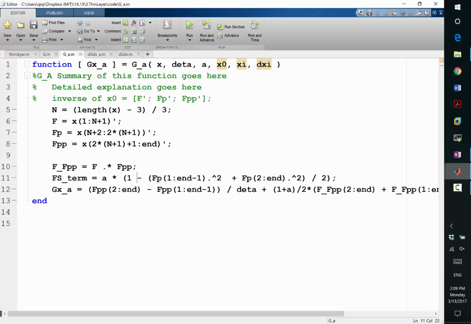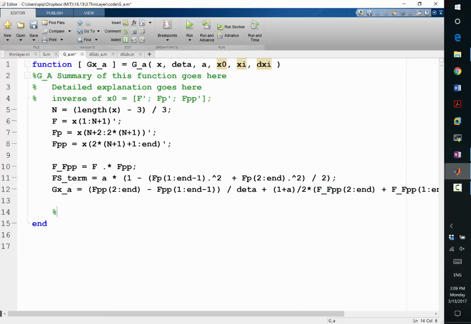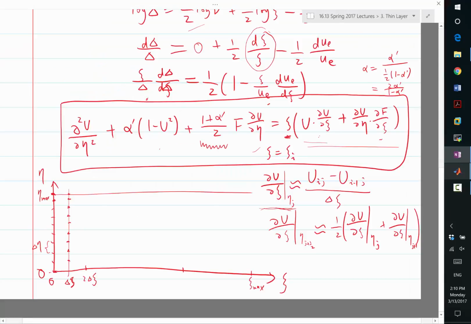Okay. David? Okay, good. So GA is equal to this. Now we have an additional term, the memory. So what is this additional term? First of all, we need to move this to the left hand side for Newton's method, right? So it has to be minus.